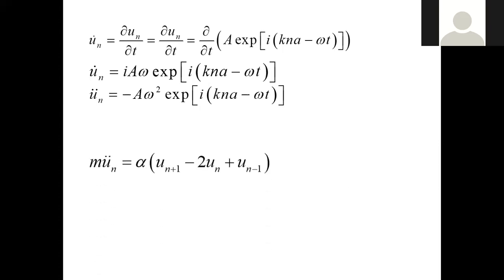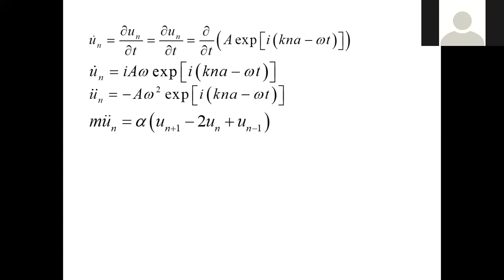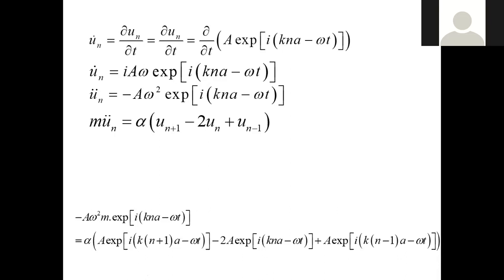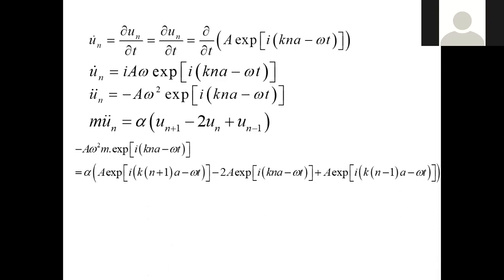So then we put this in the equation. Already we established the equation of motion: m u double dot is equal to alpha times (un plus 1 minus 2 un plus un minus 1). Put the value here. Already we expressed un double dot as a omega square exponential.